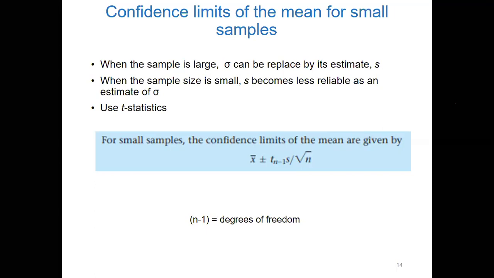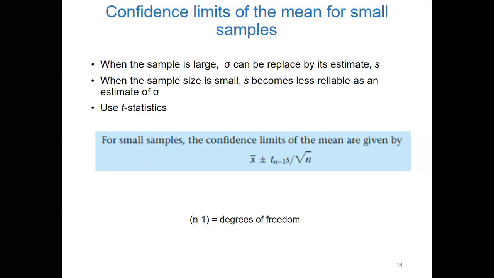When the sample size becomes small, we cannot estimate sigma equals S. We cannot do that. In that case, we have to use t statistics. So t statistics comes to the picture when the sample size is small.